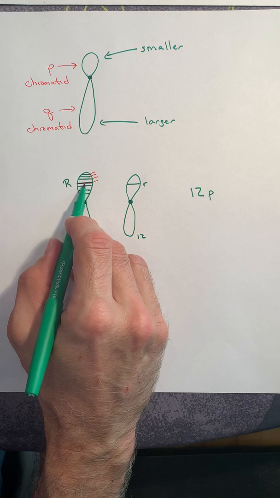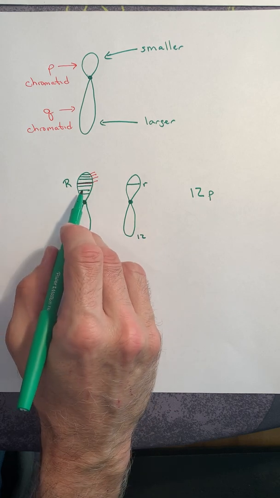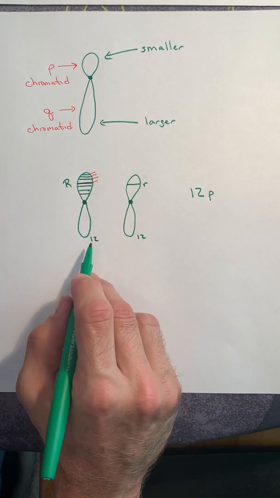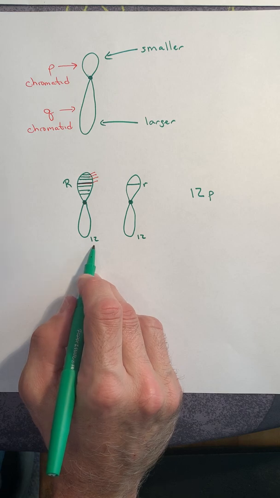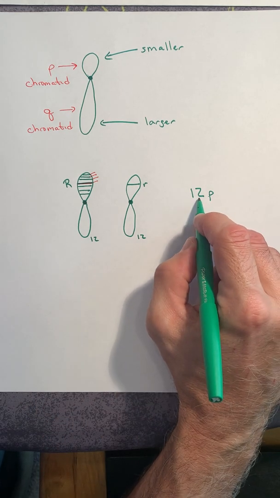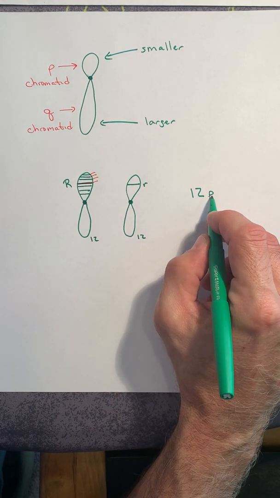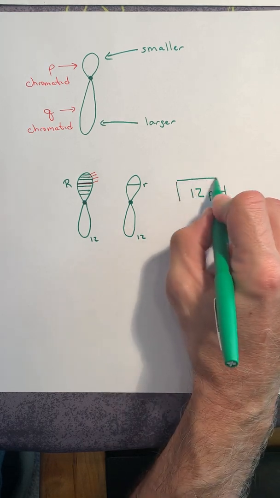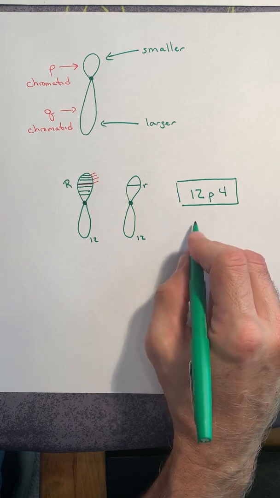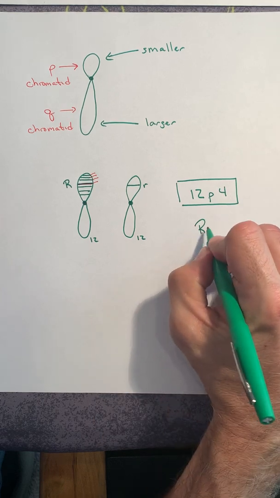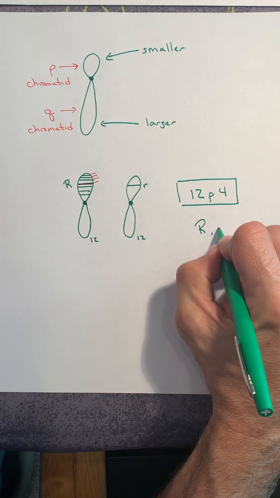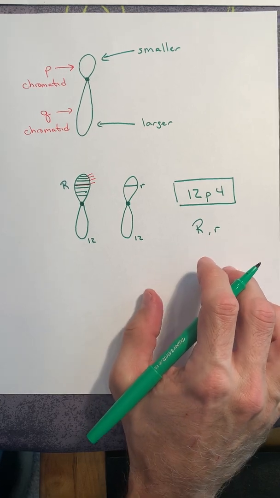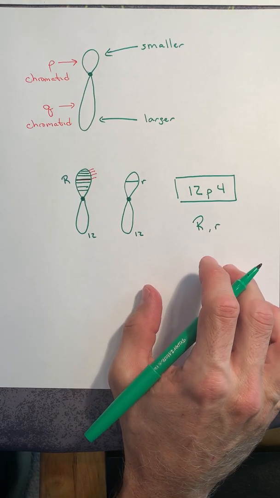So it's the 4th band on the P chromatid on the 12th chromosome. Well, how do we write that in genetics? On the 12th chromosome, on the P chromatid, and it's the 4th band. So that is how you would identify the allele, dominant R or recessive r, whatever phenotype that expresses for.